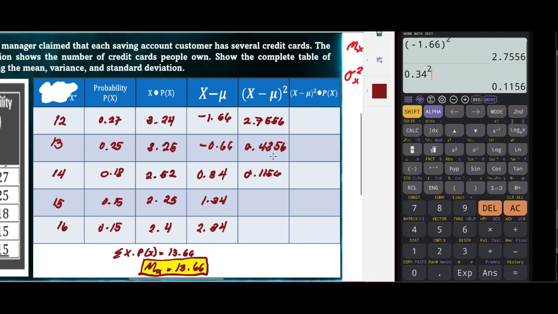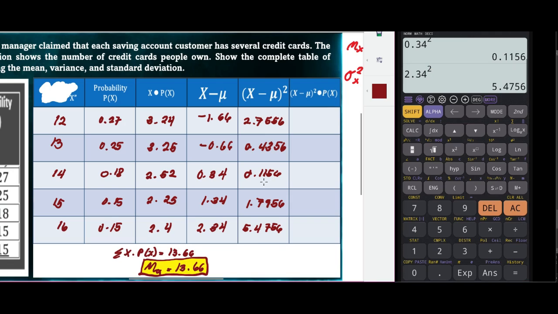Okay? Next, we have 1.34 squared. That will be 1.7956. Okay, next we have 2.34 squared. That will be 5.4756. Okay.